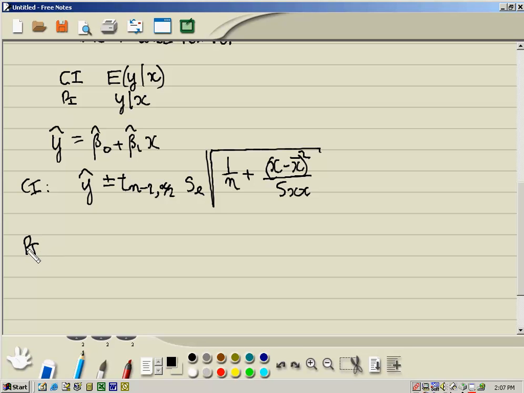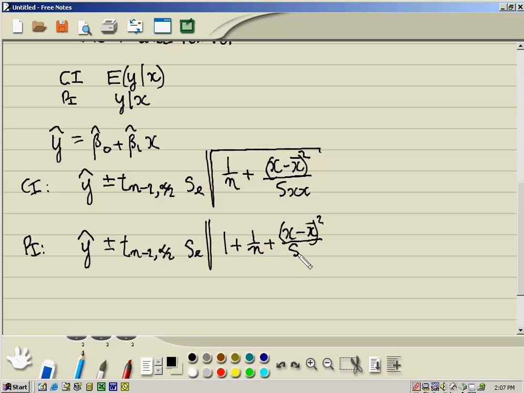And the prediction interval looks very similar. It's only one added term here, so it's y hat plus or minus again the t value, n minus 2 degrees of freedom, half of alpha in each tail, times s of e times the square root of 1 plus 1 over n plus (x minus x bar) squared divided by the sum of squares of x.